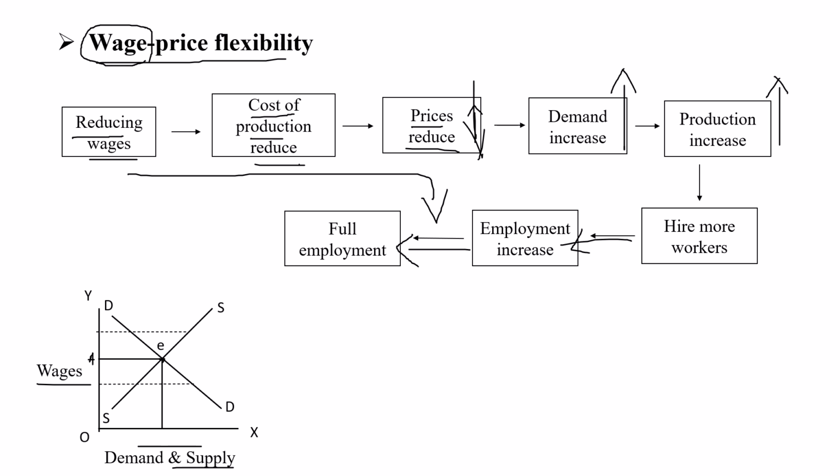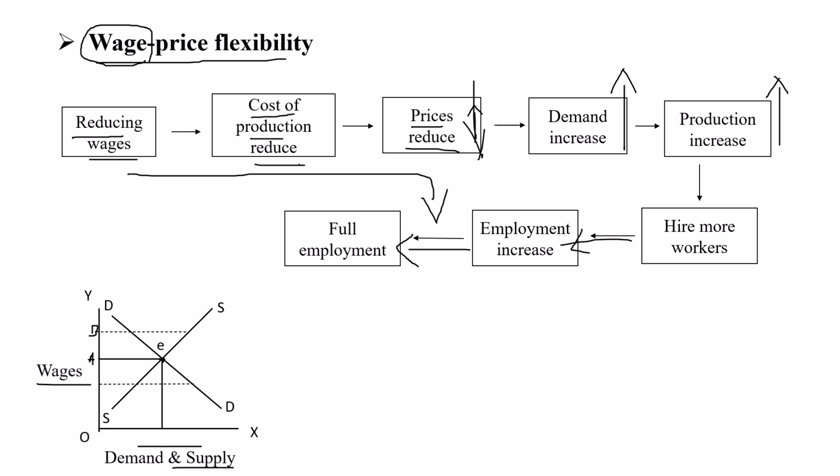Suppose wages are increased from A to B; the wage rate is very high. At that wage rate, labor supply is more than demand. That is common: when wage rates are very high, labor supply is higher than labor demand.